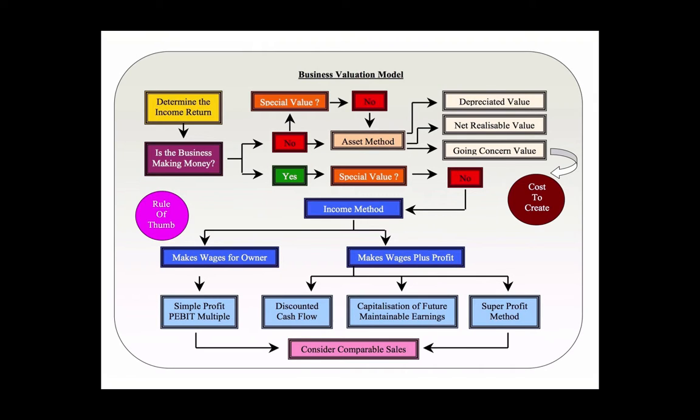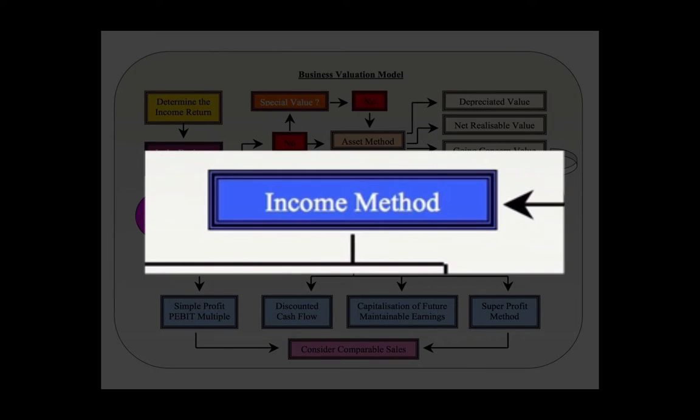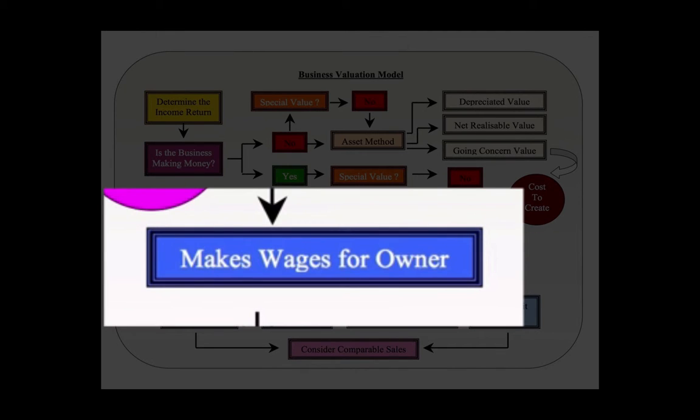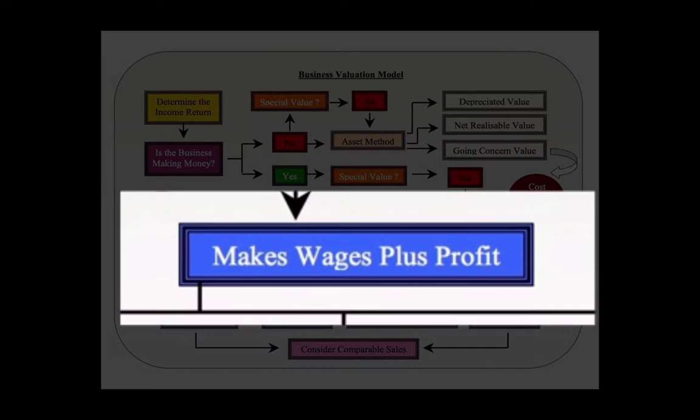So let's assume that there's no special value, or at least we're going to have a look at what the business is valued at according to an income method. There are two broad categories of income here: a business that makes wages for an owner, and a business that does more than that, makes wages for the owner plus profit.